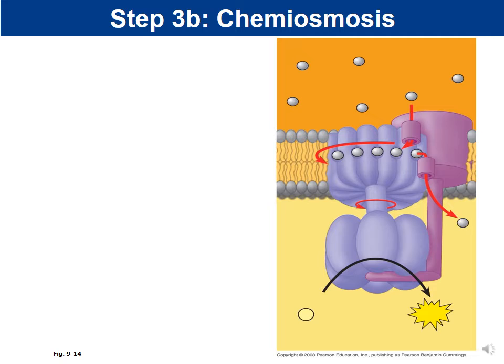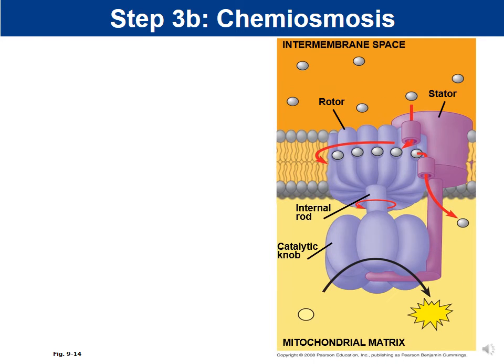So this is just looking at more detail of ATP synthase. This is our ATP synthase that you're looking at here. Notice the top part has a rotor, and the rotor can rotate.